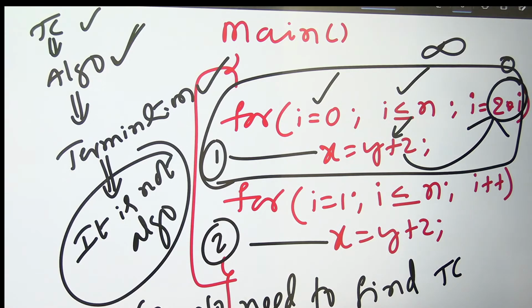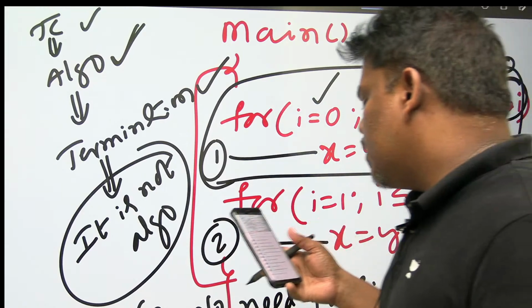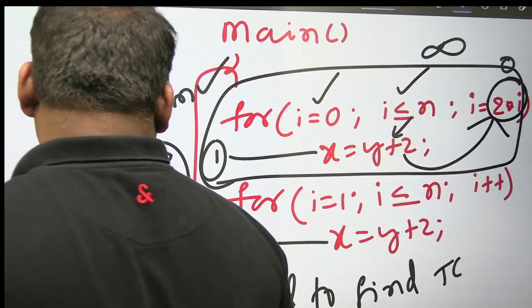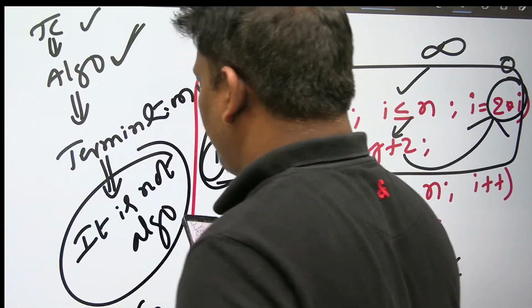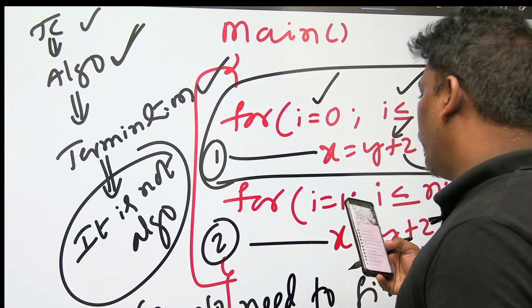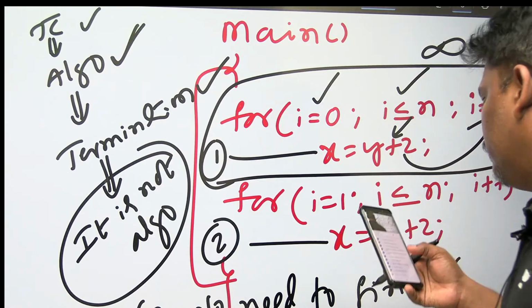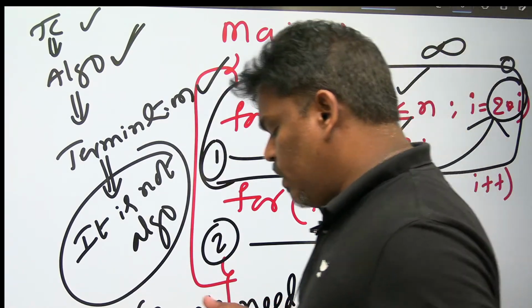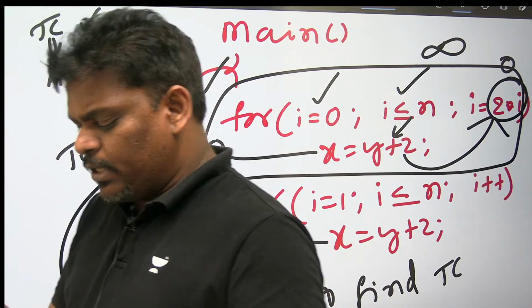How can there be stack overflow? There is no function call here. Simply say this line: it is not an algorithm, we don't find out time complexity. Every algorithm should terminate. Only for an algorithm we will find out time complexity.